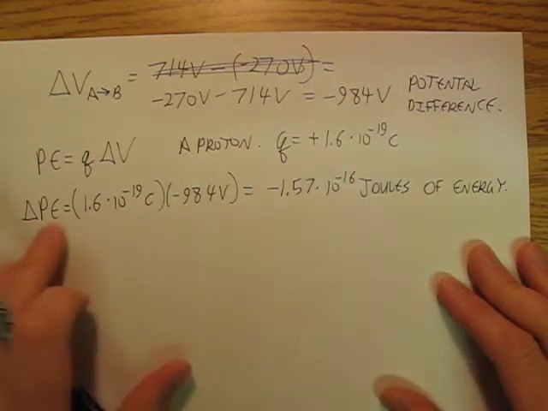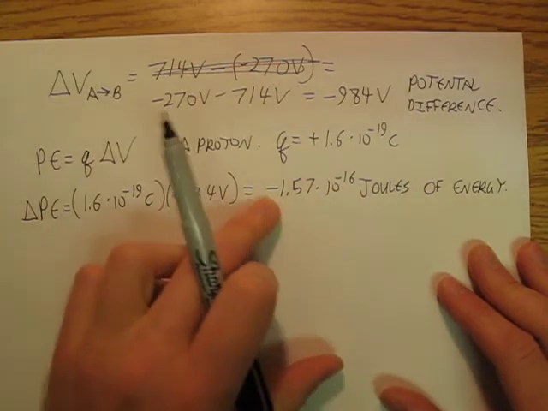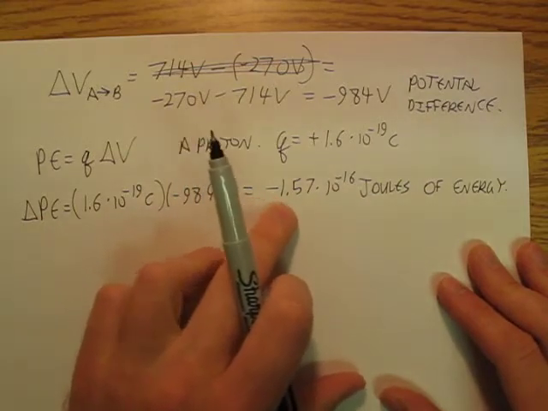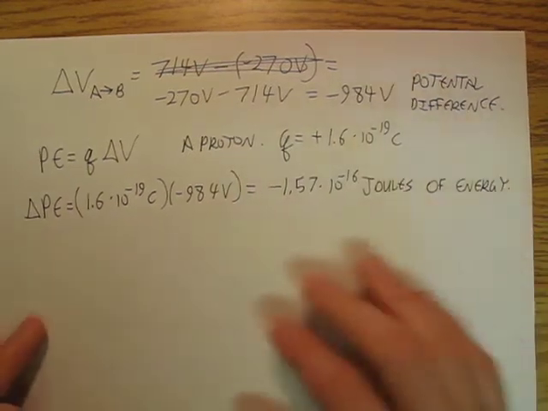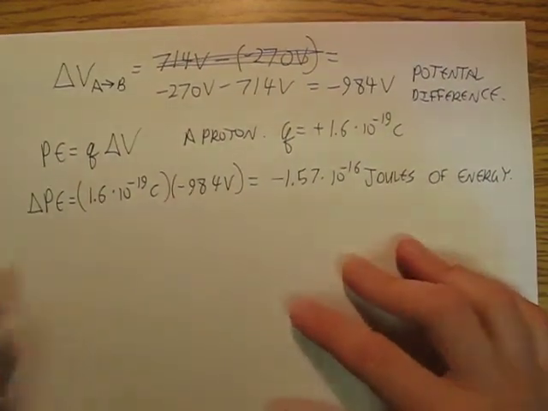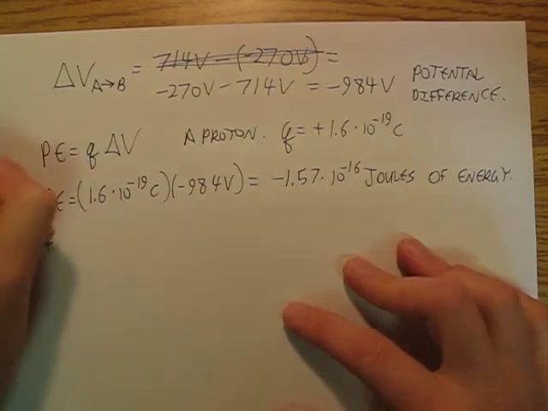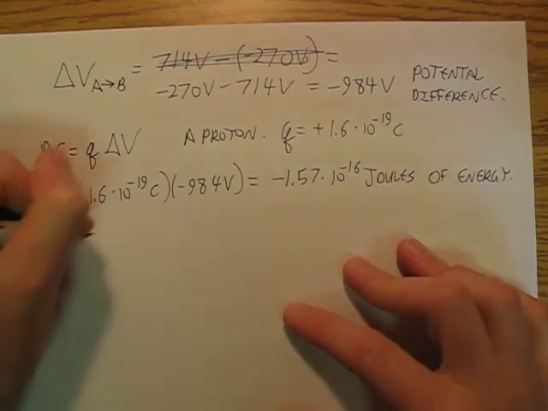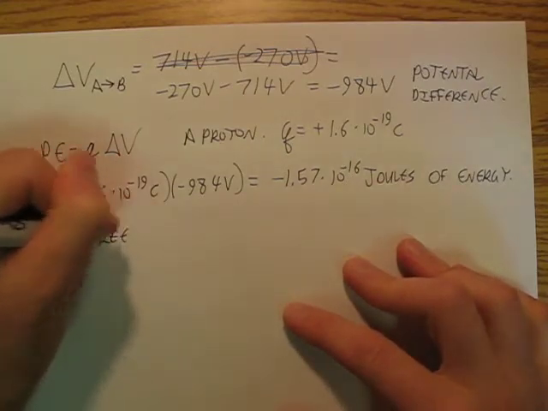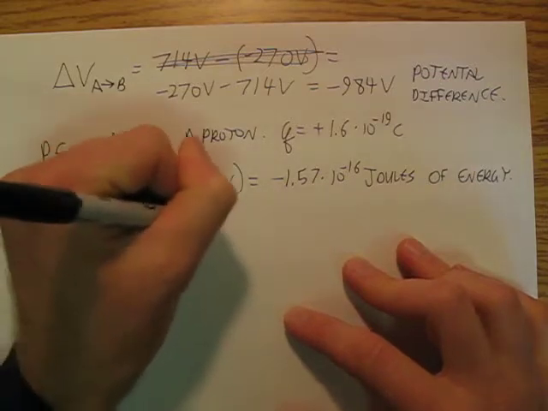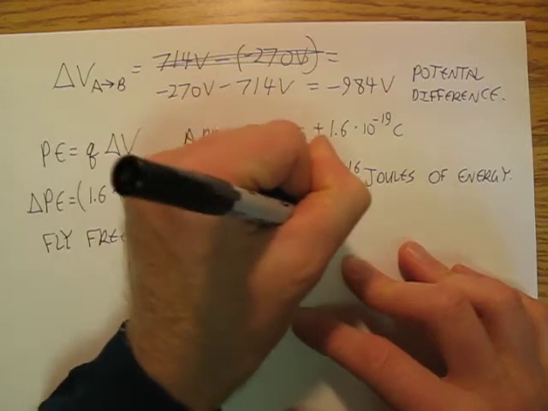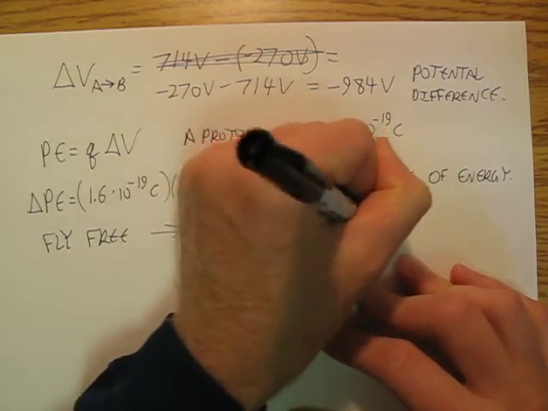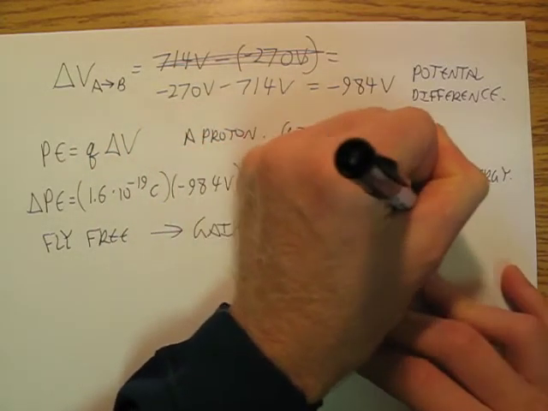And so it's going to lose 1.57 times 10 to the negative 16th joules of energy. And now suppose we just let it fly free, it's going to gain a kinetic energy of 1.57 times 10 to the negative 16th joules.